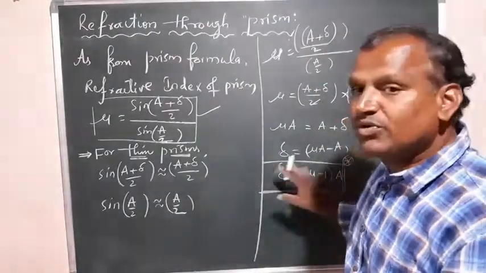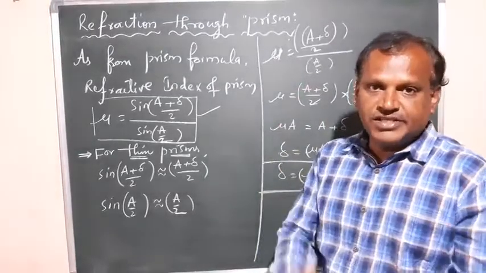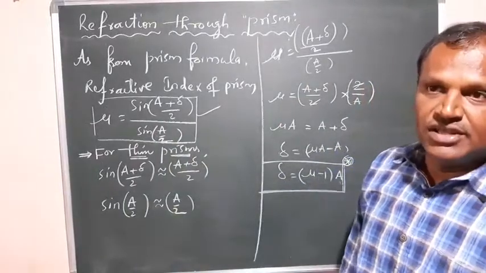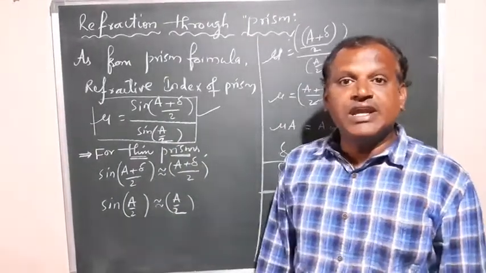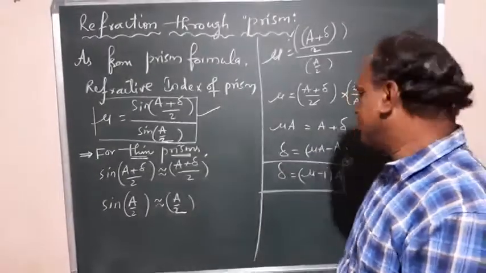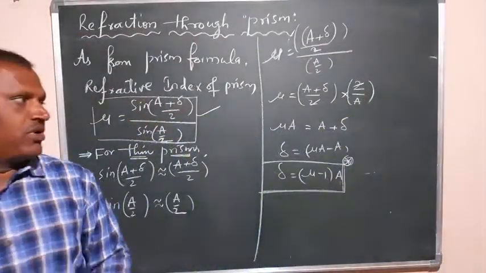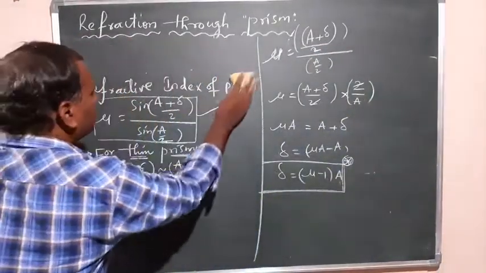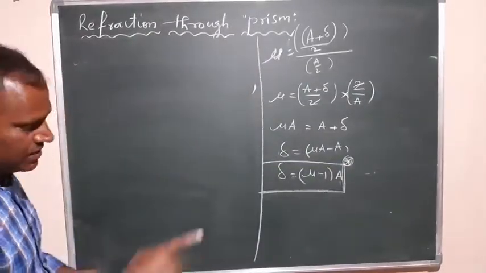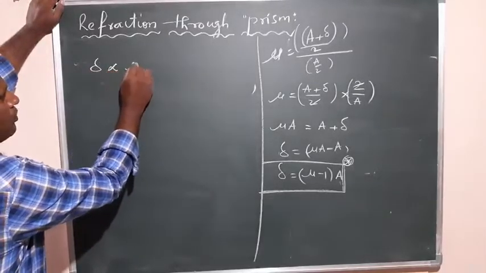Because of this factor only, we get a process called dispersion of light, that is, the splitting of light into different colors. A white light can be split into its individual constituent colors, depending only on this factor. This observation is very important. So the refractive index and deviation are related by that equation: deviation is proportional to mu minus 1.